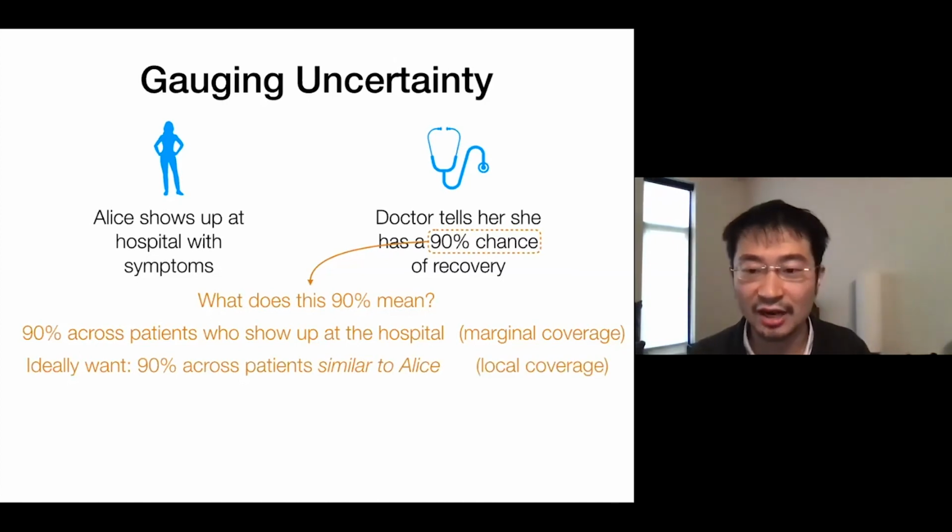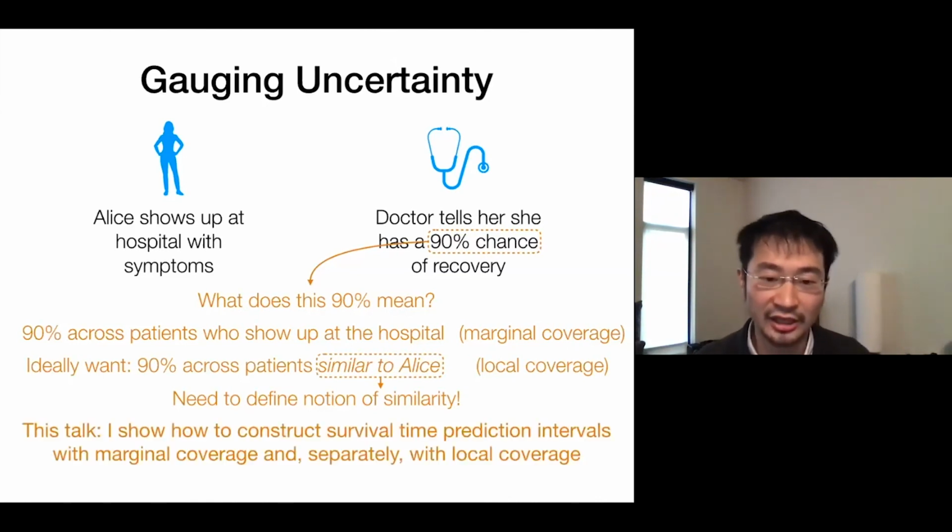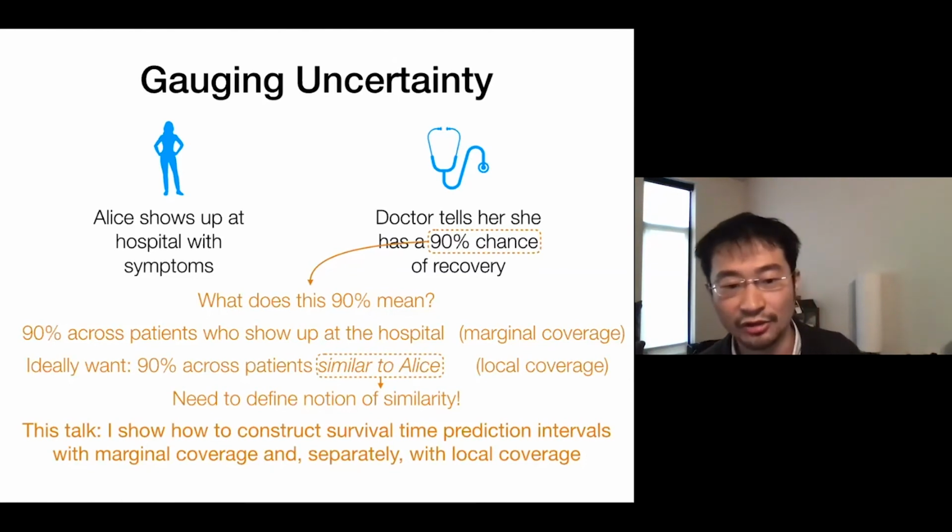So this is what I'll refer to as local coverage. And in order to come up with an uncertainty that looks like this, you need to define some notion of similarity. So this is where kernels come into the picture. In this talk, I'll talk about how to construct survival time prediction intervals that have marginal coverage and also, separately, local coverage.